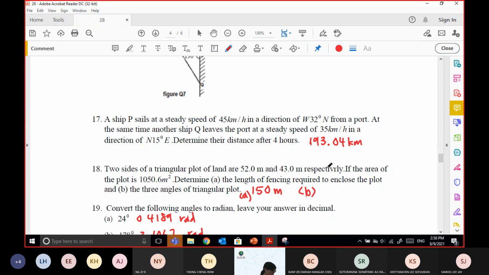The 3 angles are 70, 47.29, 62.71. They are part A and part B. Okay, Miss, thank you.